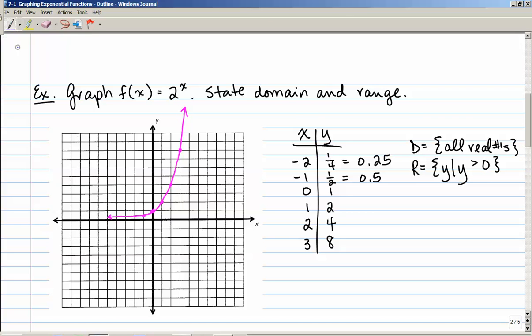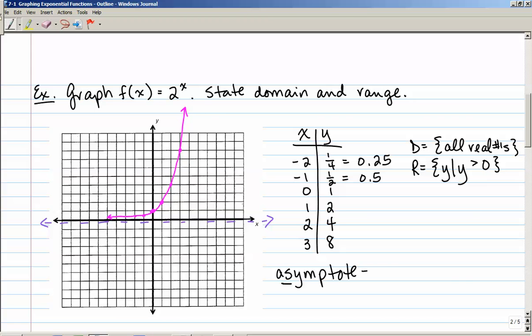The other interesting thing that's going on here is, it looks like the curve in this direction is approaching the x-axis. So I'm going to put a little dashed line in here. If you have a line that a curve approaches but never touches, it is called an asymptote.